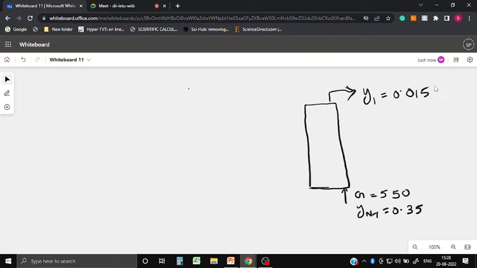And it is to be noted that the mole ratio will always be greater than the mole fraction, and it can take a value greater than 1 also.